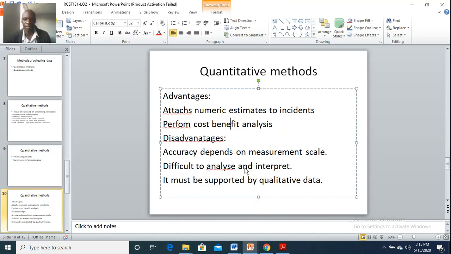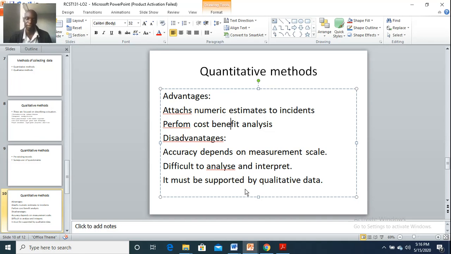Then quantitative methods, they attach numeric estimates to incidents. They also perform cost-benefit analysis, but their accuracy depends on the measurement scale. The important method in quantitative collection of data is the questionnaires.